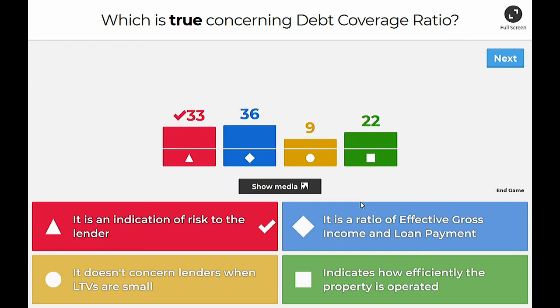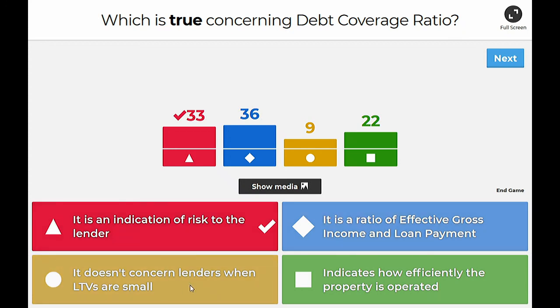So if DCR is very small, lenders need a cushion of at least 20 to 30% that will allow them, if income from the property drops for any reason, either reduced rentals or an increase in operating expenses, you'll still be able to cover your debt obligations.